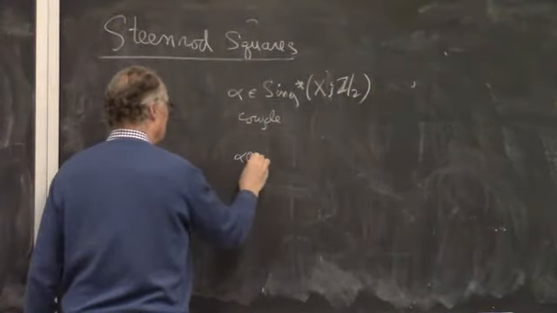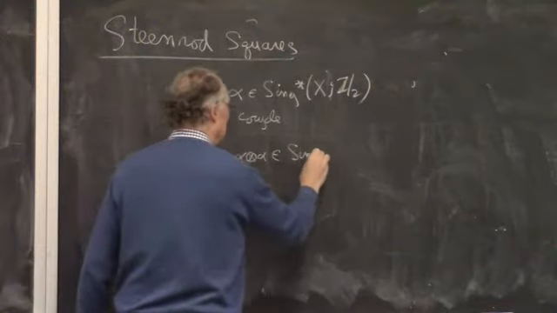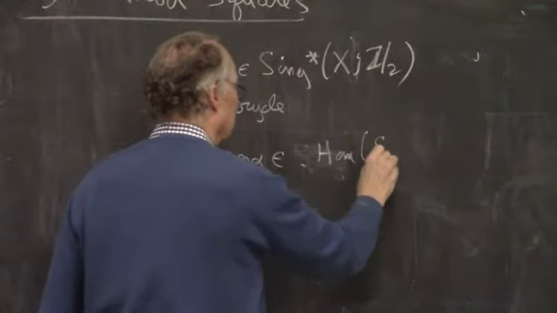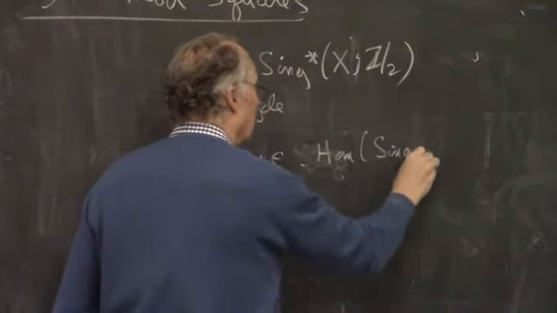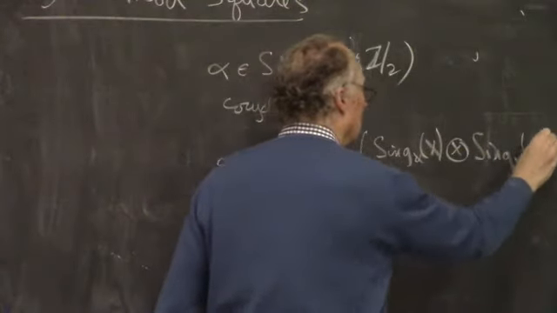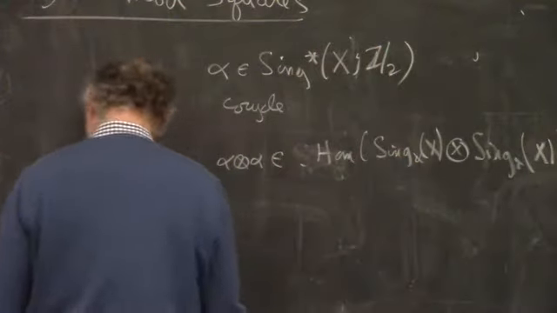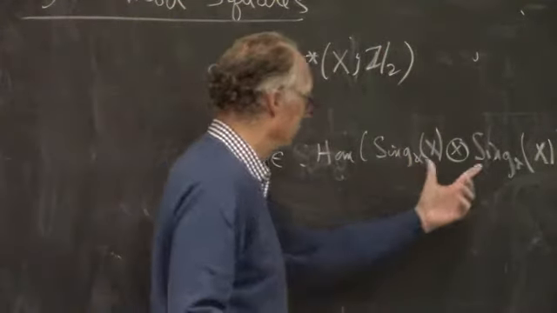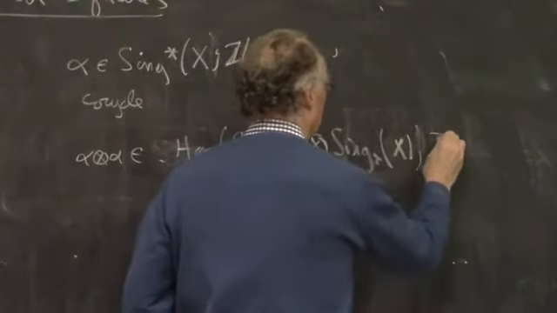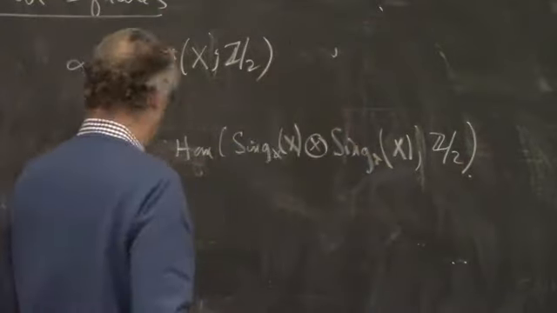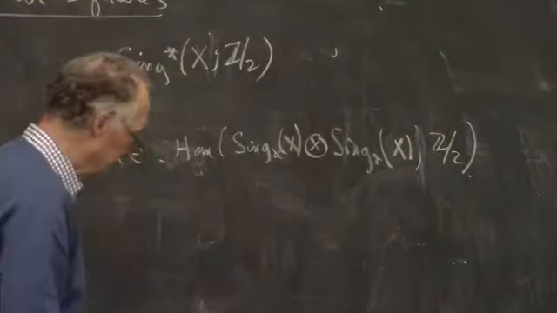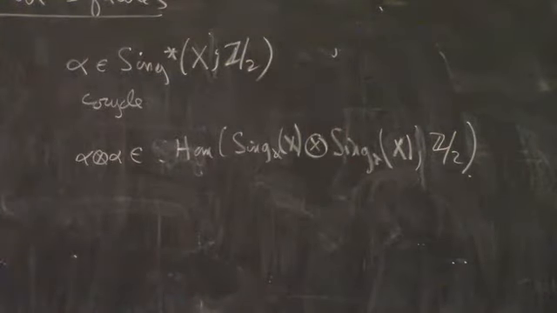And alpha tensor alpha is an element in the dual cochains associated with the tensor product of the singular chains with itself, valued in Z2. Given an element in the tensor product, you simply evaluate alpha on the first factor, evaluate alpha on the second factor, and multiply.